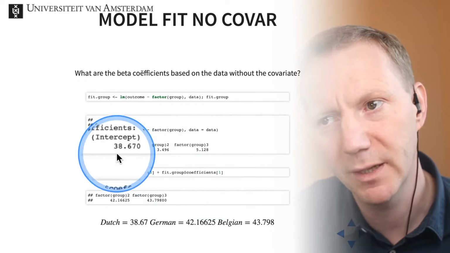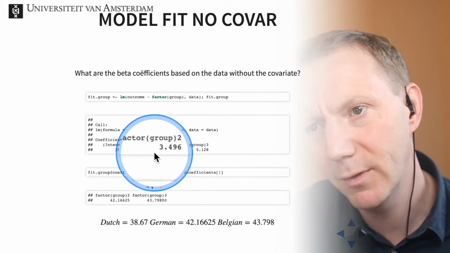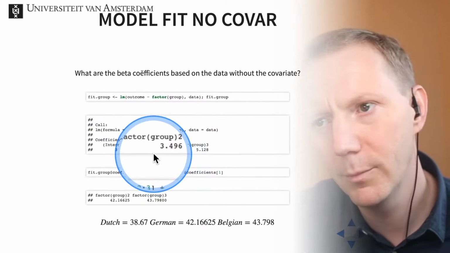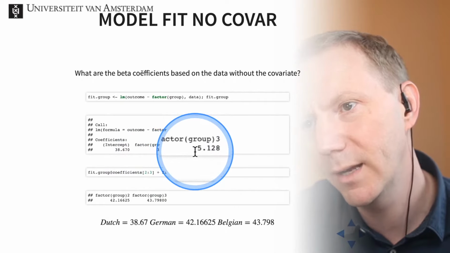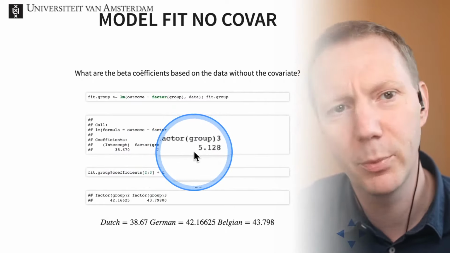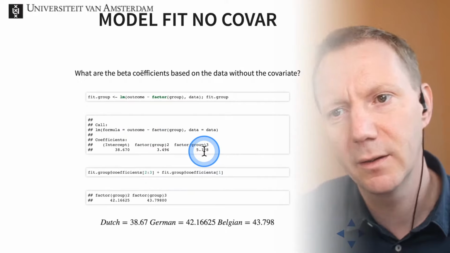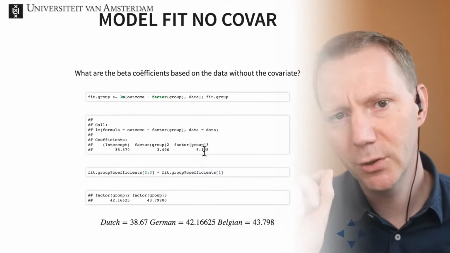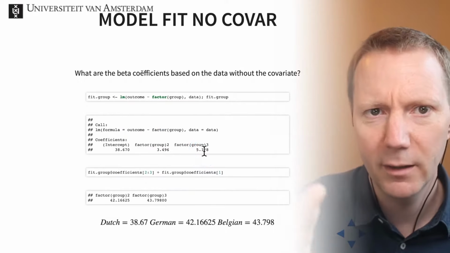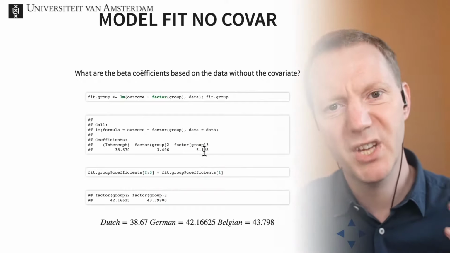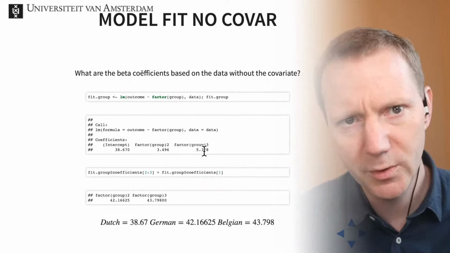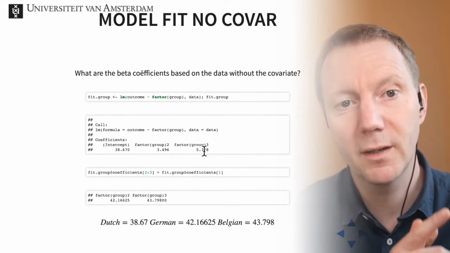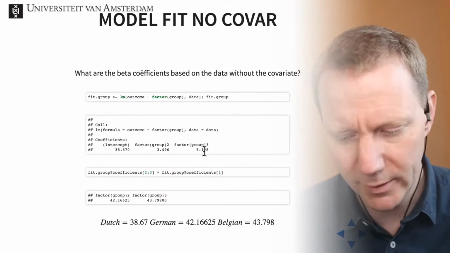This is not 15 for the intercept, this is not 3 as we put in for B0, and this is not 4 that we put in for the second dummy variable. So our view on what's actually going on is getting skewed by the fact that we're not also adding our covariate in here.